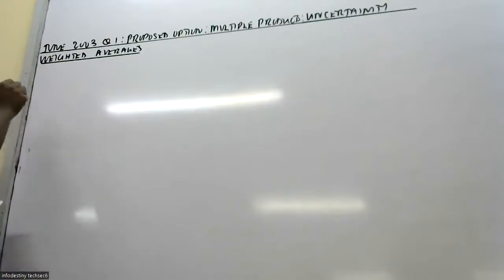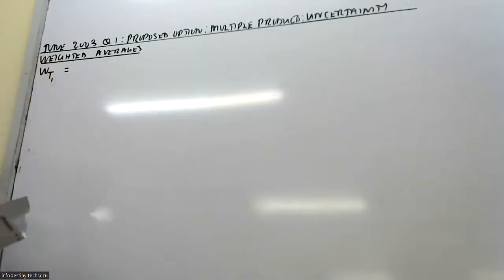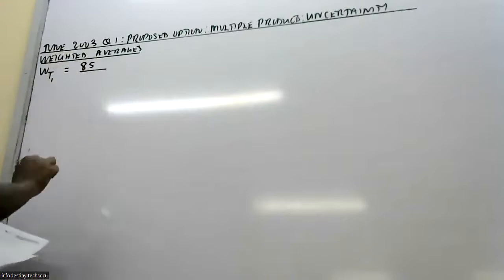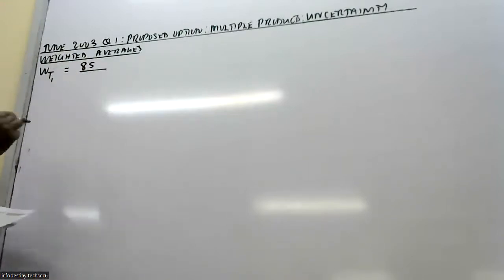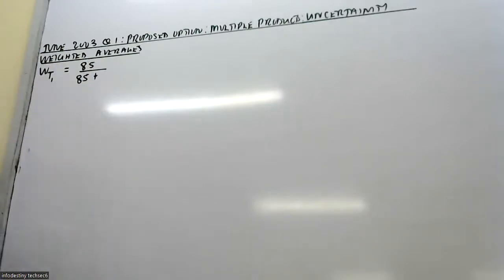So in getting weighted averages, we need to know the weight of product T1. We are told this product T1, the demand will be 85. And then this product T2 is going to come in with a demand of 50.